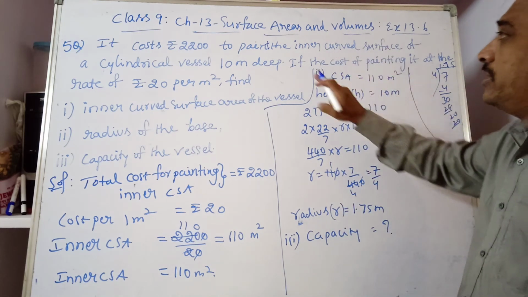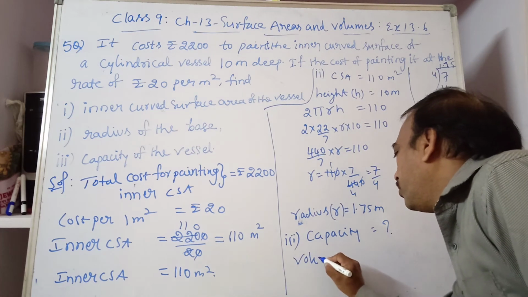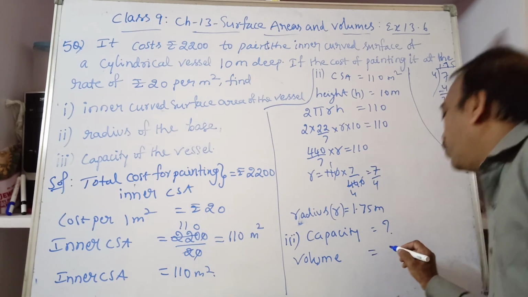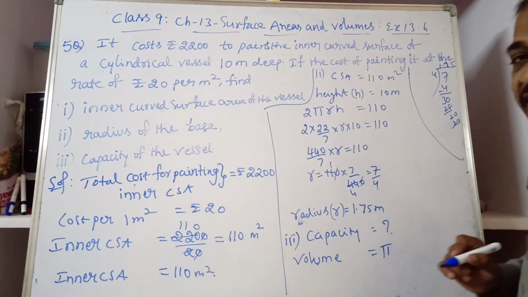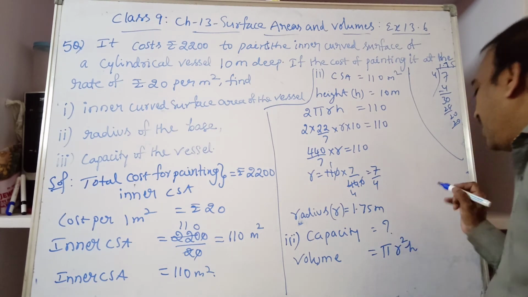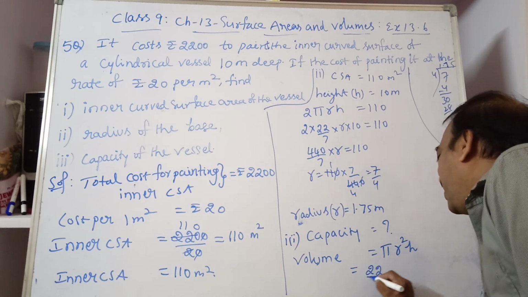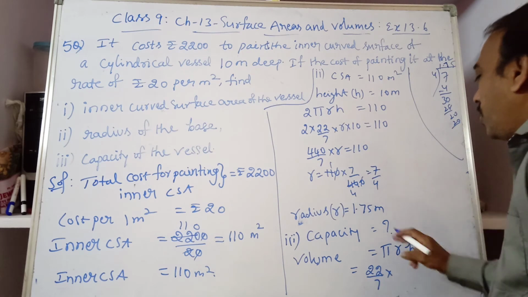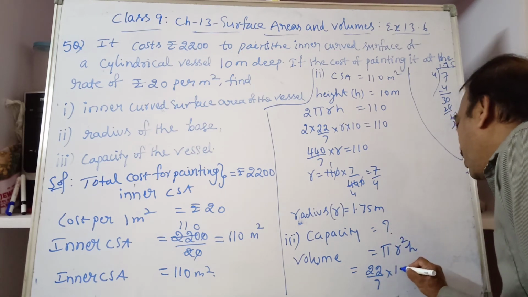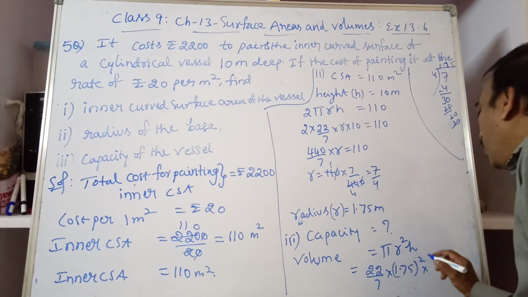The vessel is cylindrical, so volume is pi r square h, which is equal to 22 by 7 into 1.75 whole square into height.